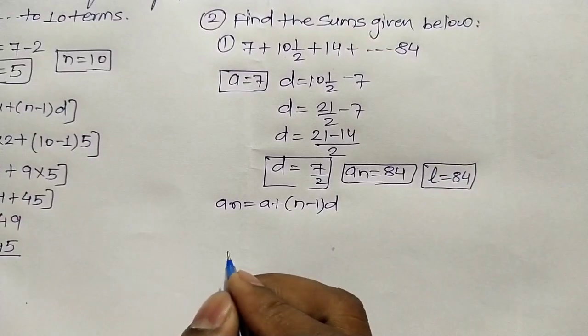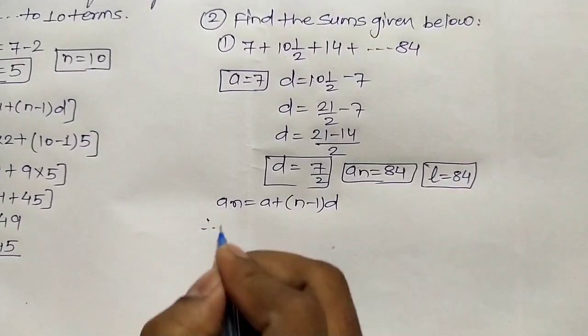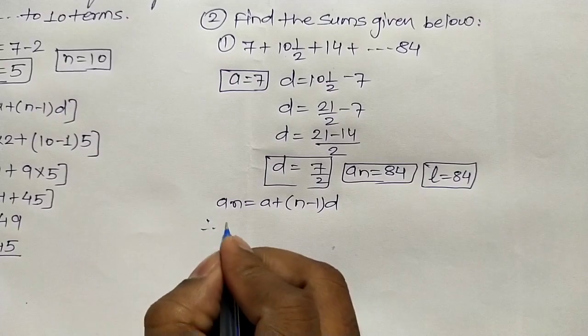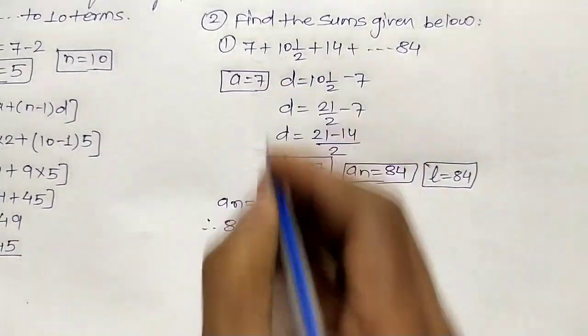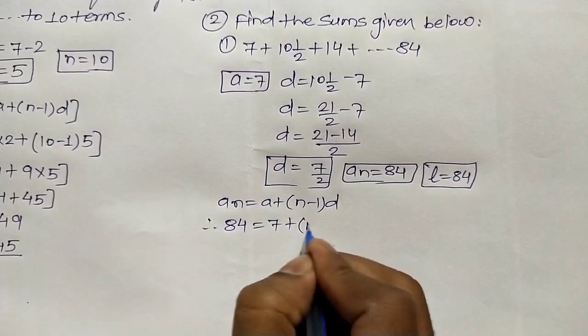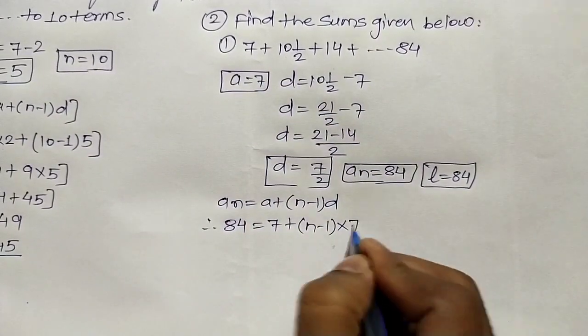Now we substitute all the values in the formula. The value of an is 84, the value of a is 7, plus (n minus 1) into d, which is 7 by 2.